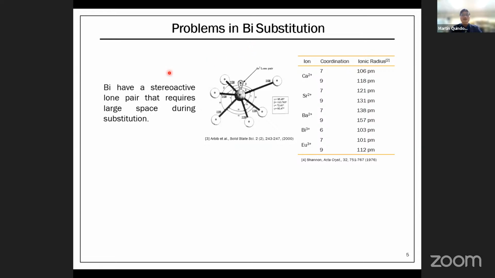Mainly the cause of the substitution problem is that bismuth, although it has the same ionic radius as calcium, has a stereoactive lone pair that occupies a large space in our apatite lattice. And this makes the substitution much more difficult. So what we need is a bigger lattice than hydroxyapatite that can accommodate the bismuth in high amount.